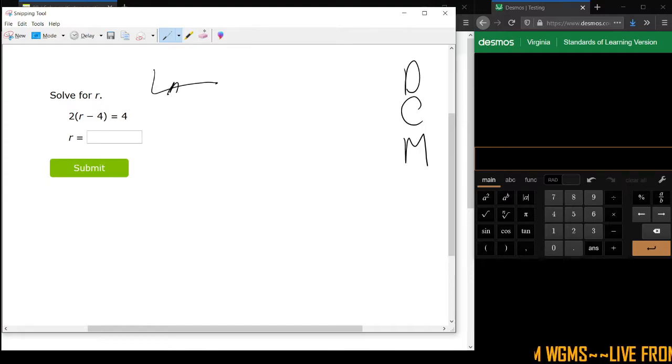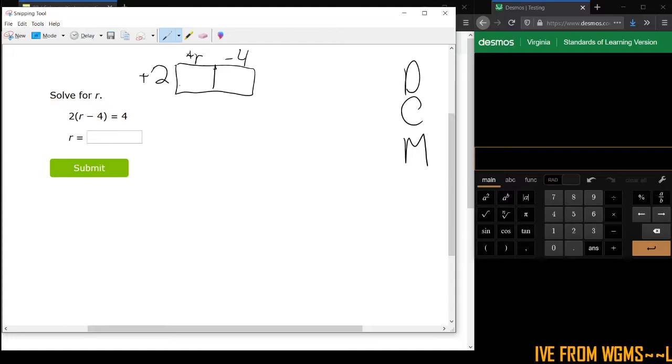So I have a positive 2, and then I have a positive 1r, and I have a negative 4. Multiply each of the inside terms inside the parentheses by 2. So I'm going to have a positive 2r, and I'm going to have a negative 8.